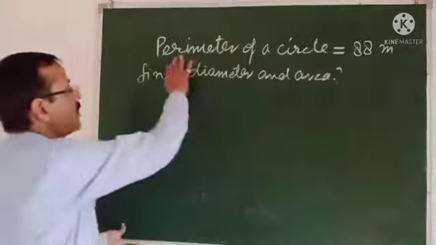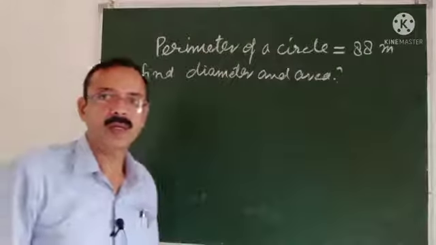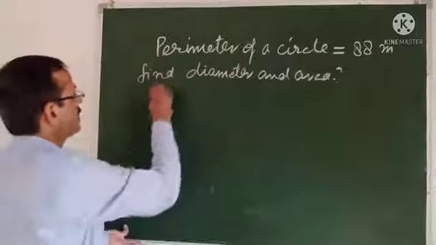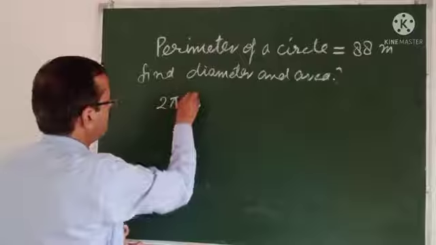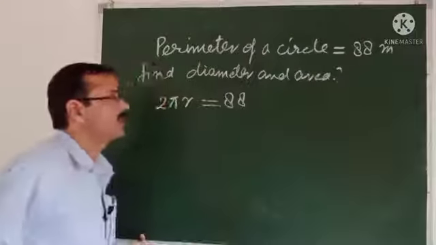Let's see. Perimeter, as I told, means circumference, the length of the boundary of the circle. The formula for the length of the boundary of a circle is 2 pi r. This is given as how much? 88 meters.